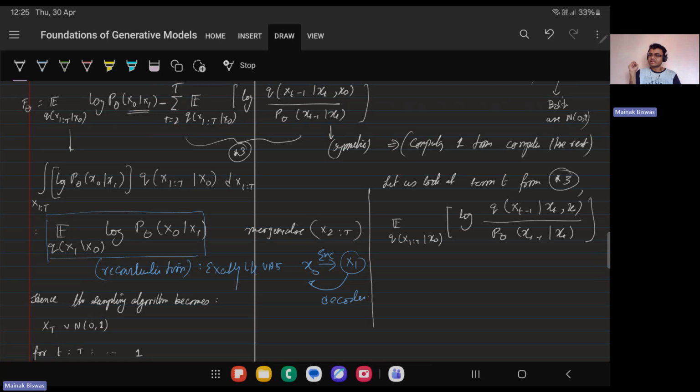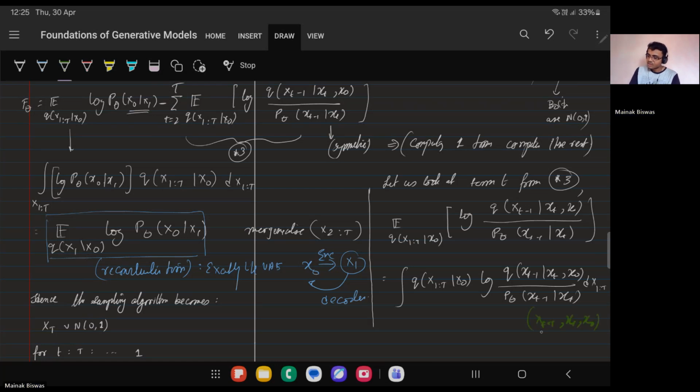So this term can be written as the integral of q of x1 to t given x0, log of q of xt minus 1 given xt comma x0 over p theta of xt minus 1 given xt, all d of x from 1 to t. Now you can see the inner integral only depends on xt minus 1, xt, and x0. So I can marginalize out everything except xt and xt minus 1.